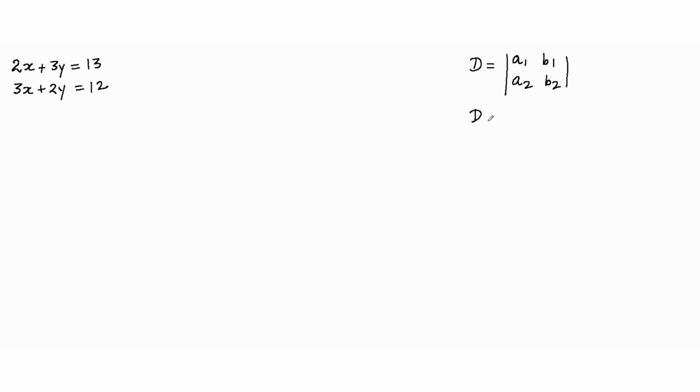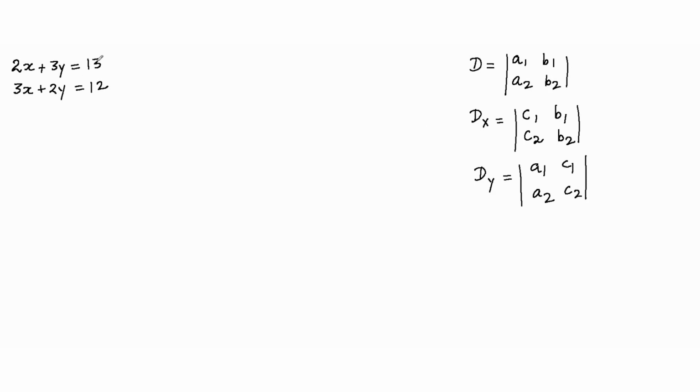Then we said, let's calculate the determinant for x. In the determinant for x, we replace the coefficients of x by the constants. And the coefficients of y remain as they are. And in the determinant for y, we replace the coefficients of y by the constants, right? So this is what we did in the Cramer's rule.